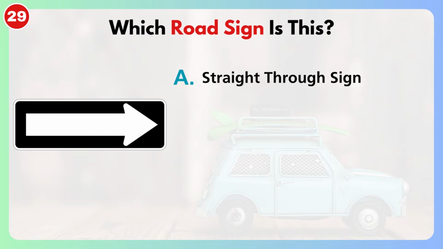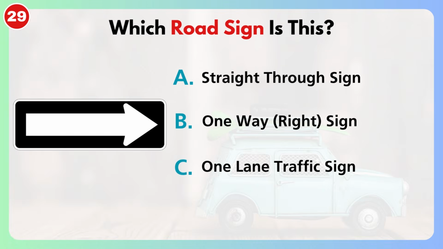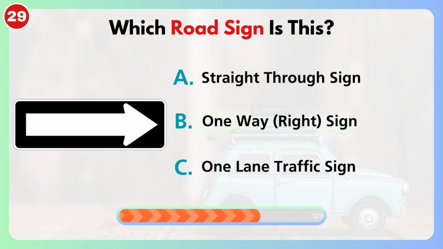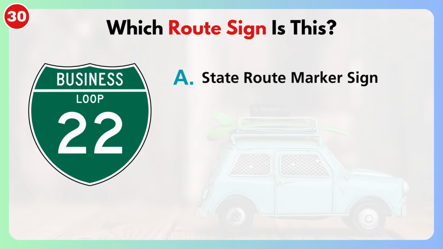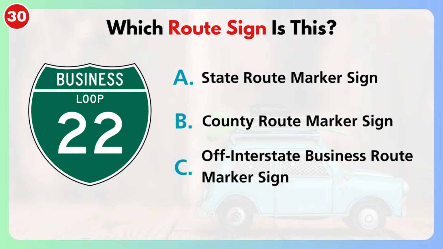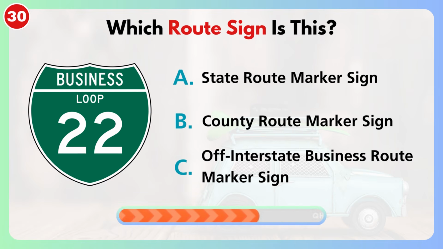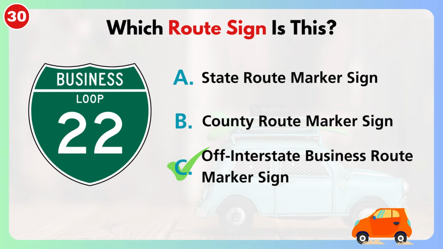Which road sign is this? One-way, right, sign. Which route sign is this? Off-Interstate business route marker sign.